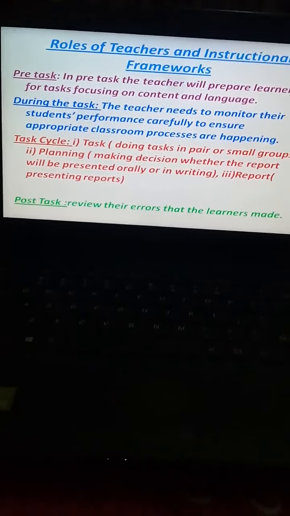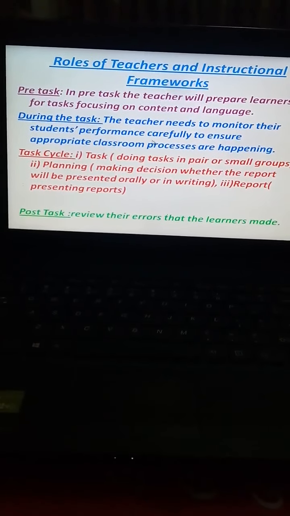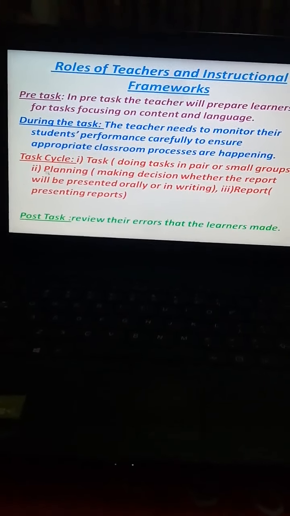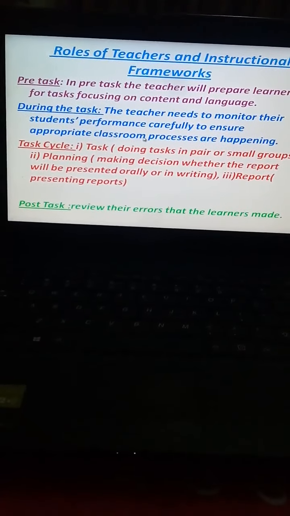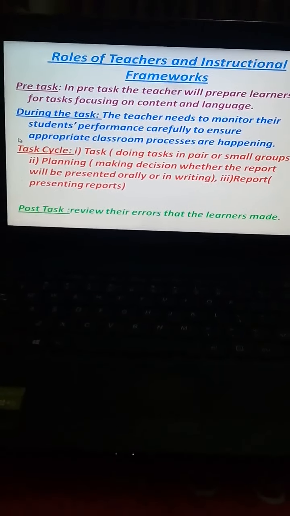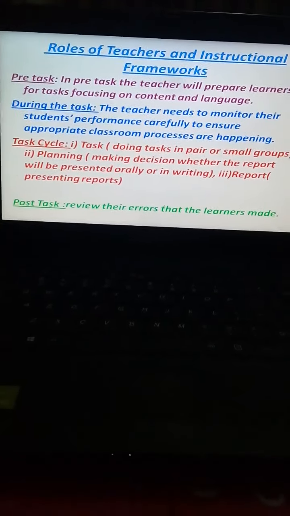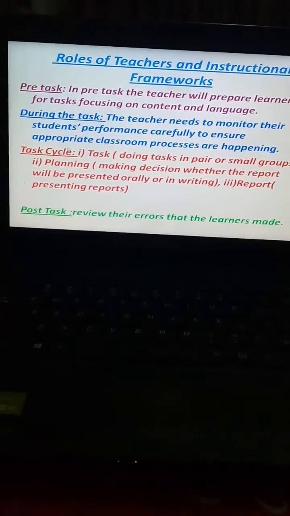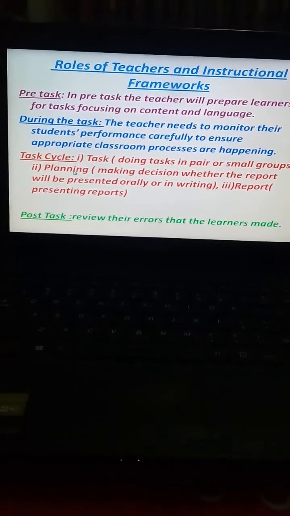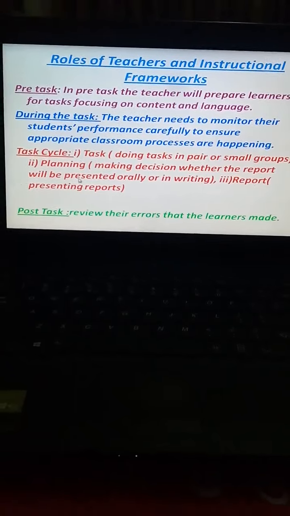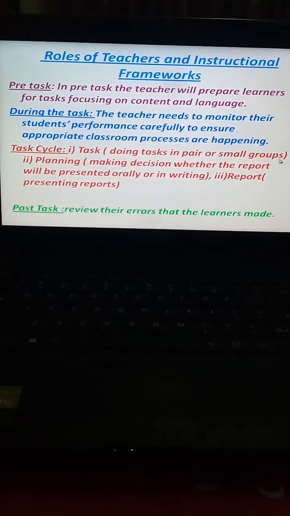During the task, the teacher needs to monitor their students' performance carefully to ensure appropriate classroom processes are happening. So, teachers should create an environment of appropriate classroom. In the task cycle, there are 3 steps, that is task, planning, and report. In task, doing tasks in pairs or small groups.